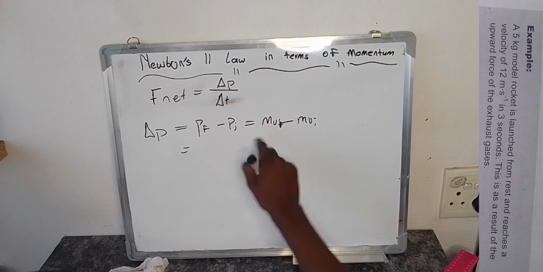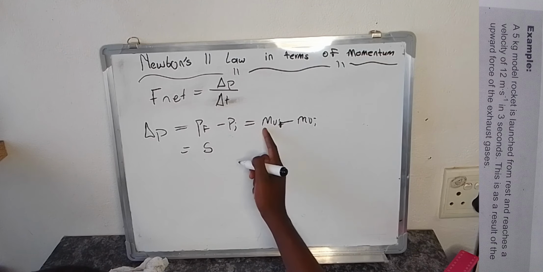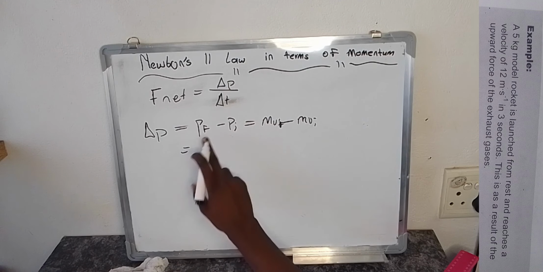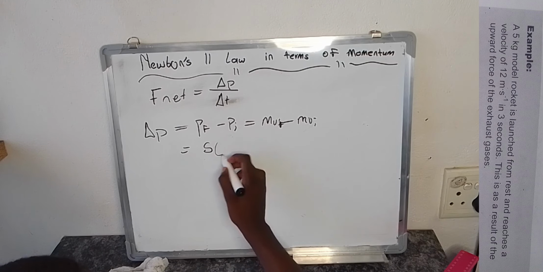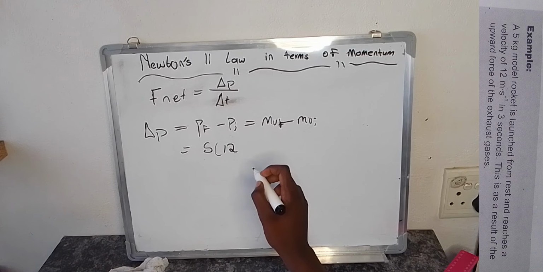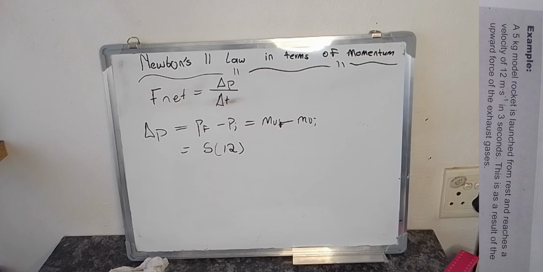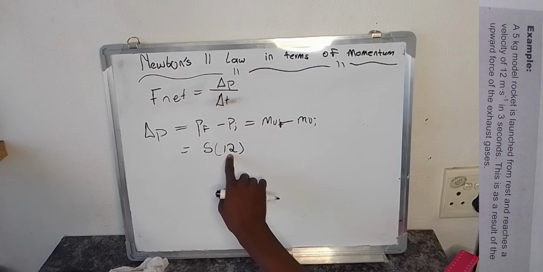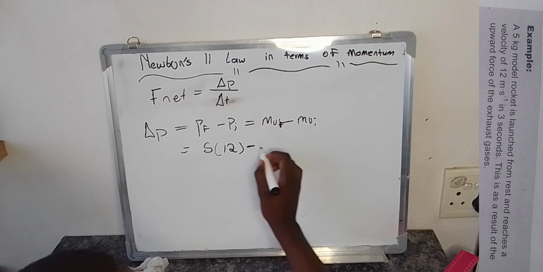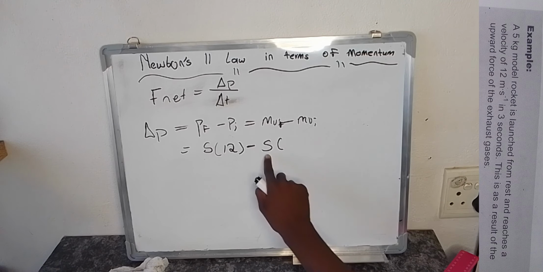What is our mass? The mass is 5 kg. We are going to use this formula because we are given masses and velocities, not momentums. Now the final velocity is 12. Why is it 12? Because it starts from 0, and right after 3 seconds we have 12 as the final velocity.